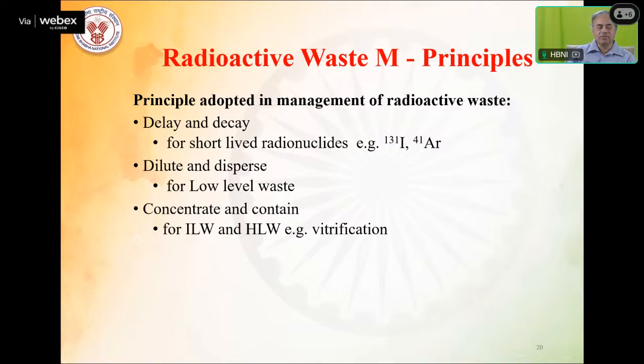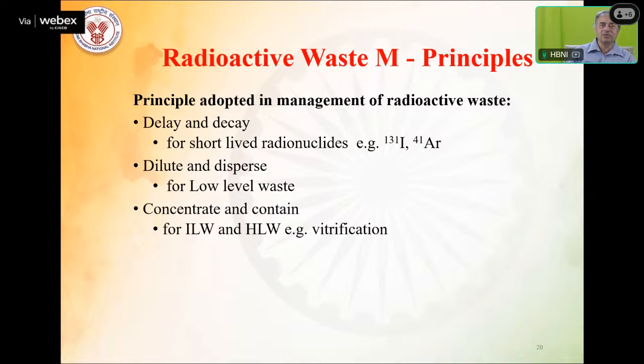The second formula is dilute and disperse. That is for low level waste. Low level waste, as per the limits, is required to contain a very negligible amount of activity.